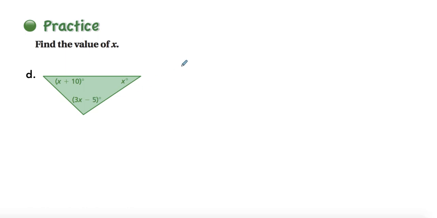So let's start by writing our equation. x plus 10 plus x plus 3x minus 5 is all equal to 180 degrees.